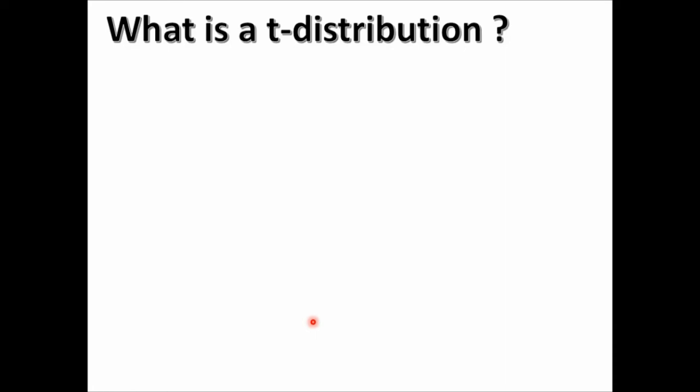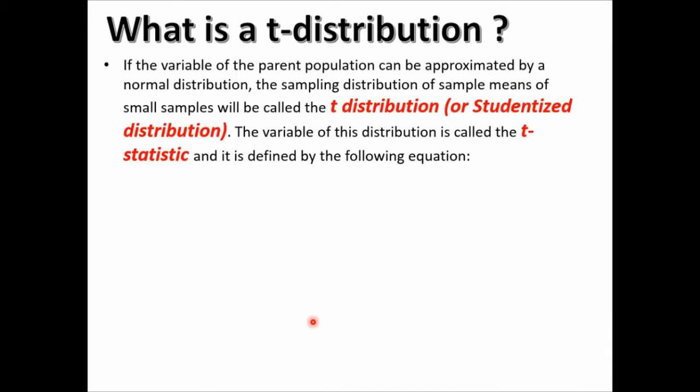A t-distribution is a result of collecting small samples of a size less than 30, determining the means of these samples, and then constructing a frequency distribution or a sampling distribution of these means.